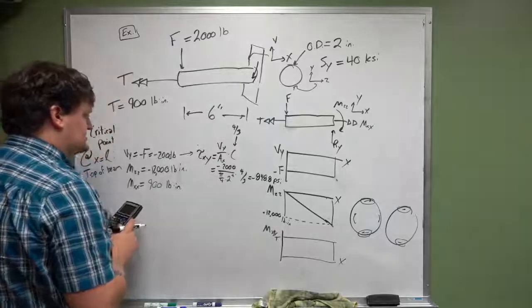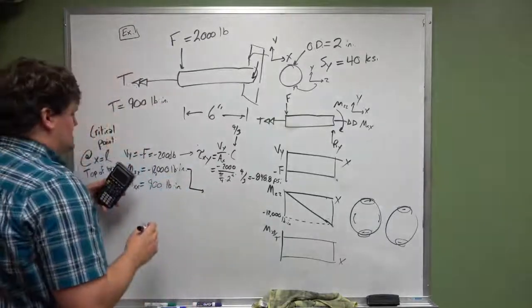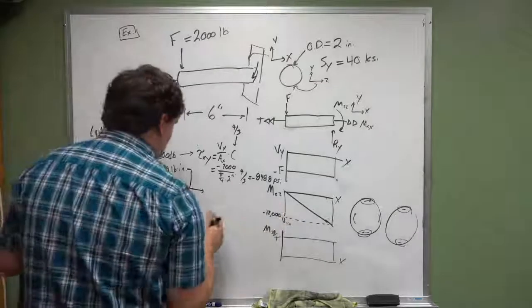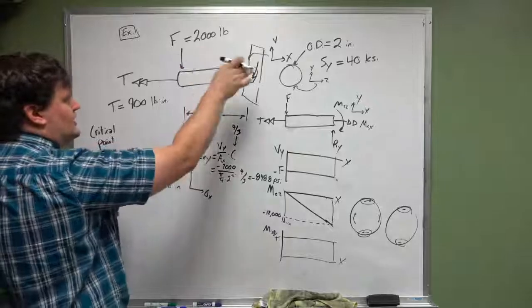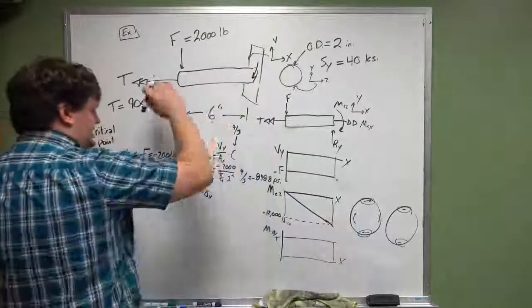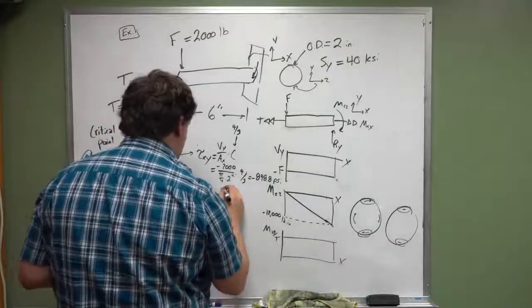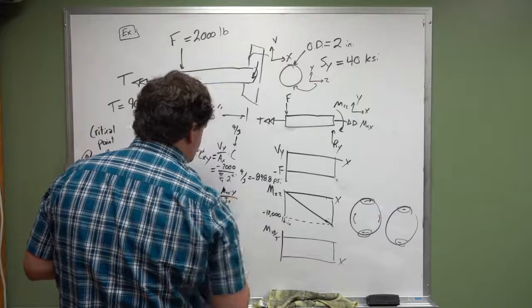Okay, that's awesome. This is a bending moment, so the equation is sigma x. This bending moment is going to create a stress that comes out of the plane in the x direction, equal to Mzz times y over Iz.